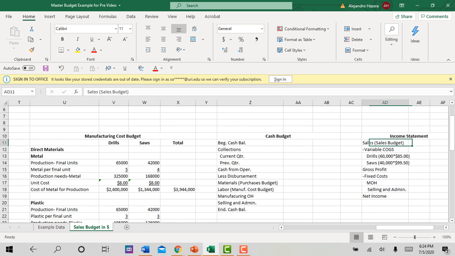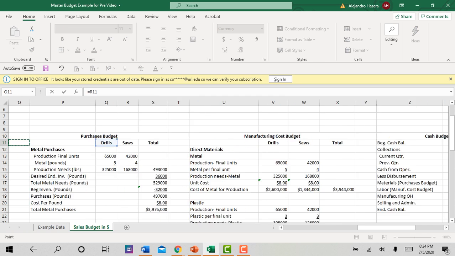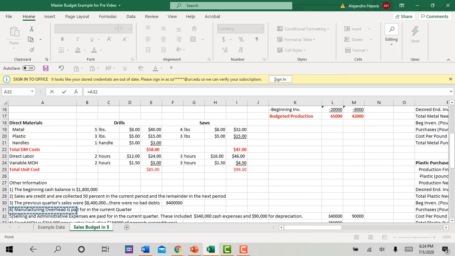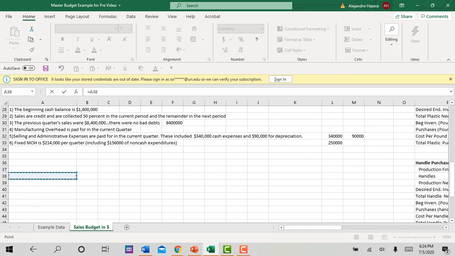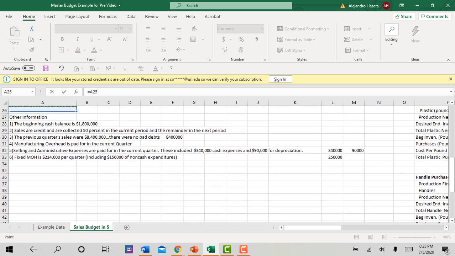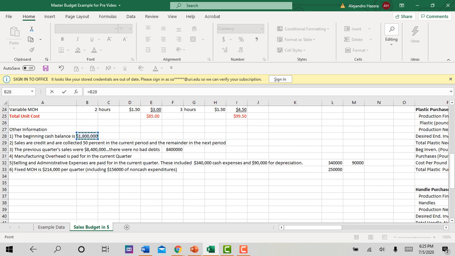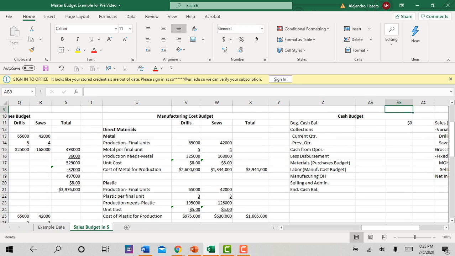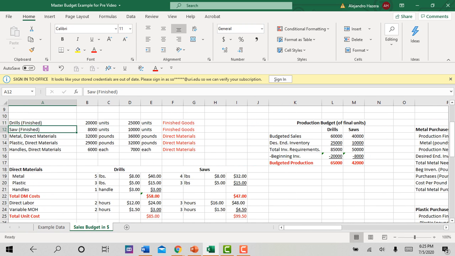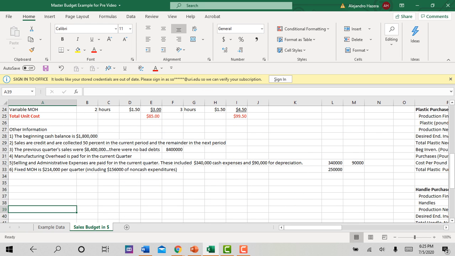This is basically your cash balance in the bank. Now your beginning cash balance is just from the other information. So we come over here, and from the other information, we see that the beginning cash balance is $1,800,000. We're going to put the number 1,800,000 here.